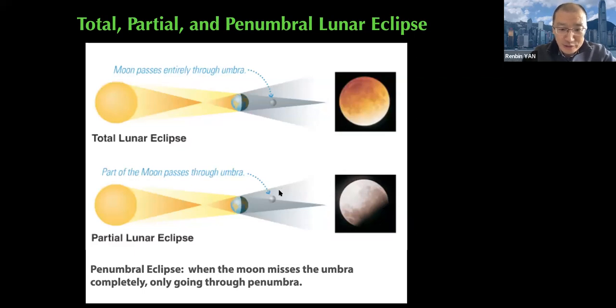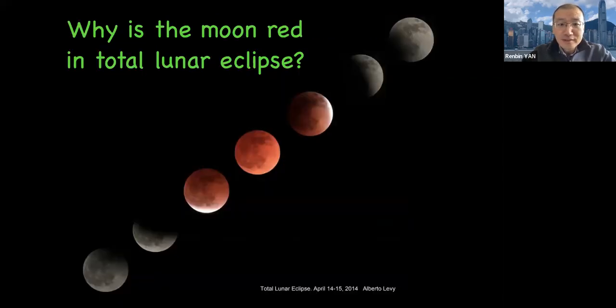It's just going to get a little darker, and that's all. It's not a very easily noticeable phenomenon. So that is why this kind of lunar eclipse is not talked about a lot. But it's called the penumbral eclipse because the moon is only going through the penumbra part of the shadow. Okay, so that's 3 kinds of eclipse: total lunar eclipse, partial lunar eclipse, and penumbral lunar eclipse.